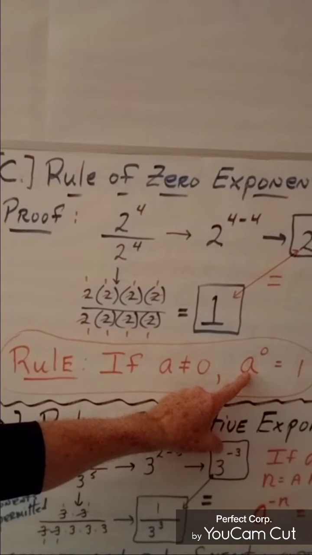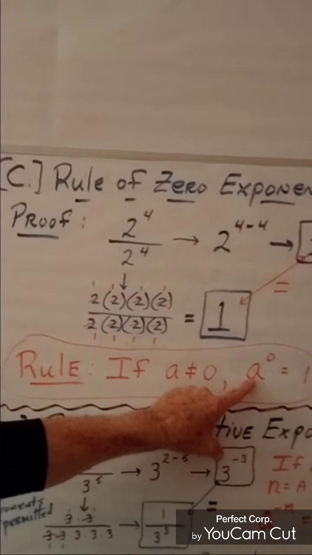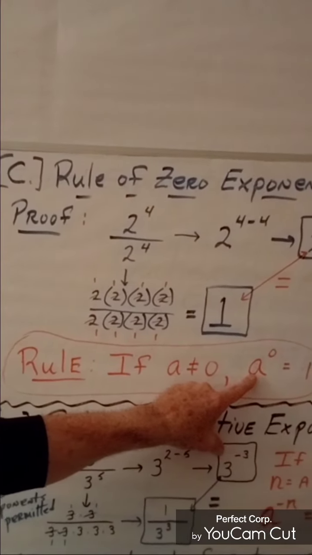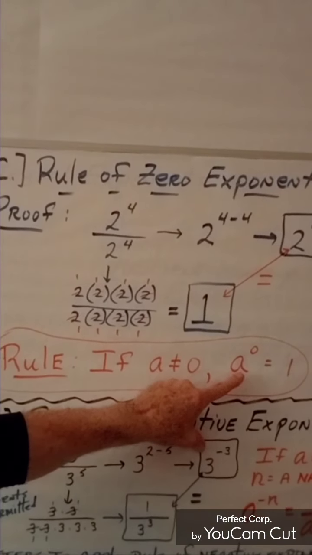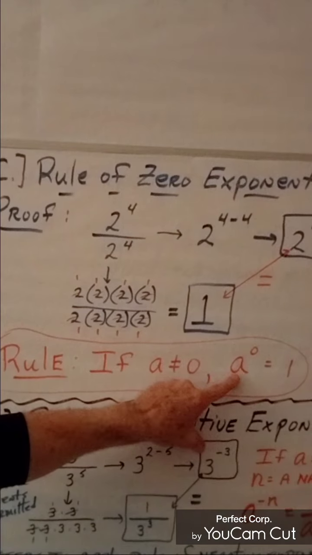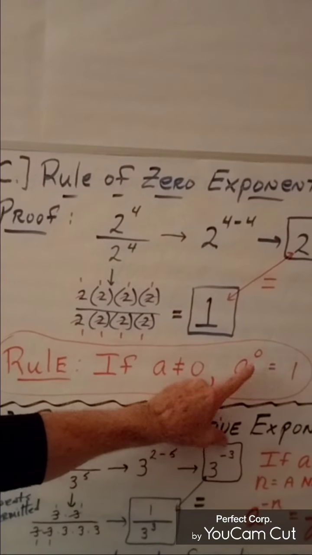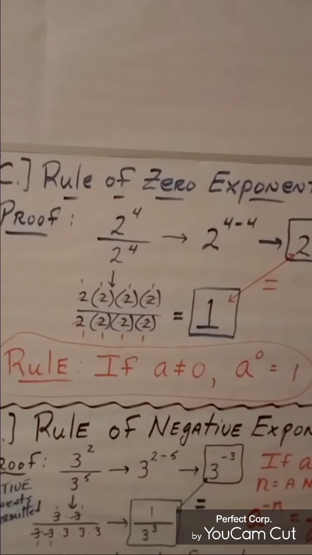But a can be any positive number, or a can be any negative number. It doesn't matter what kind of real number, positive or negative. Every non-zero base of a taken to the 0 power will always be equal to 1.